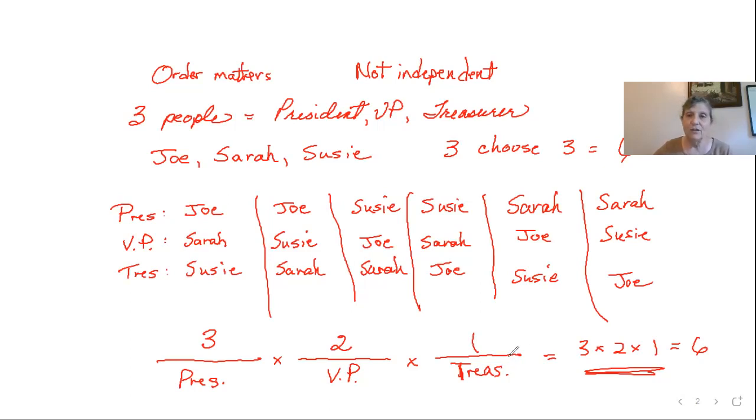So this is how that works. You just have to picture what's going on in your mind and ask yourself, how many possibilities do I have still to choose from for this second event and the third event and fourth and so on. Now there are formulas that we will be learning to do this, but this is basically how it works, and you can always fall back on these to figure it out.